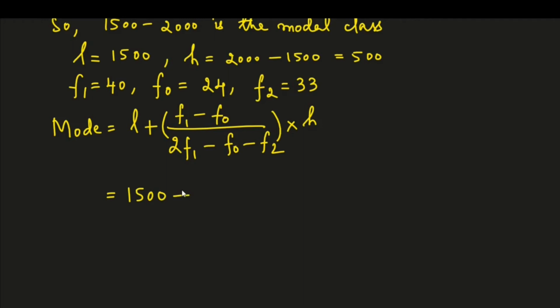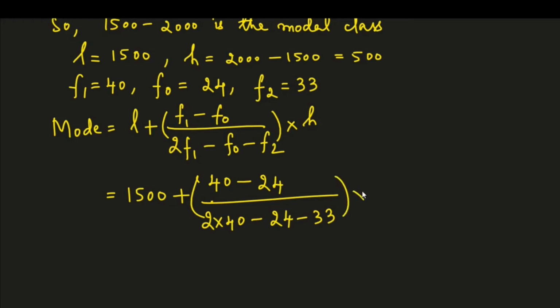So 1500 plus F1 is 40 minus F0 is 24 by 2 into F1 is 40 minus F0 is 24 minus F2, whole this one into h. The h value here is 500.